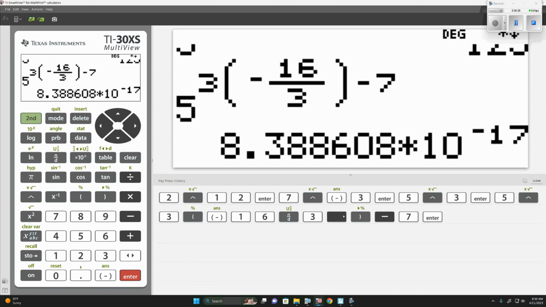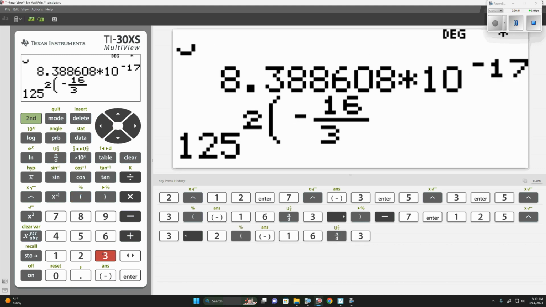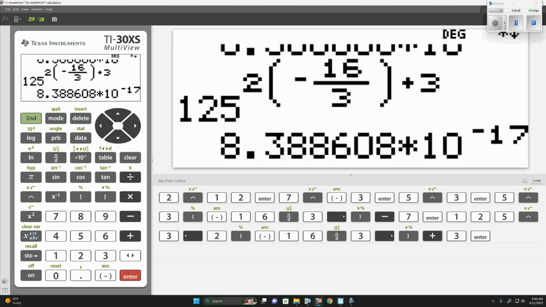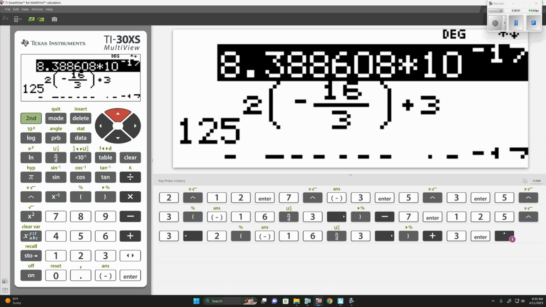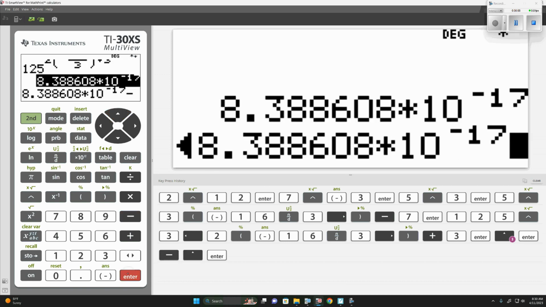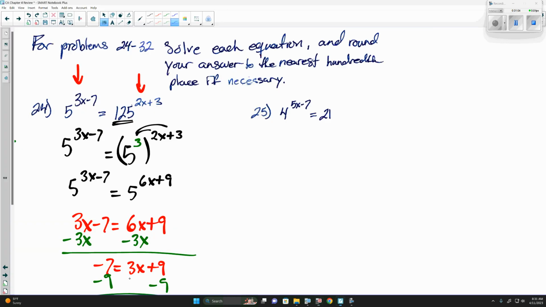Is this number here, 125 to the, what was it, 2 times negative 16 over 3 plus 3. Minus. They're the exact same value. They match up. Since they match up, that means that is the correct answer. Questions on 24.